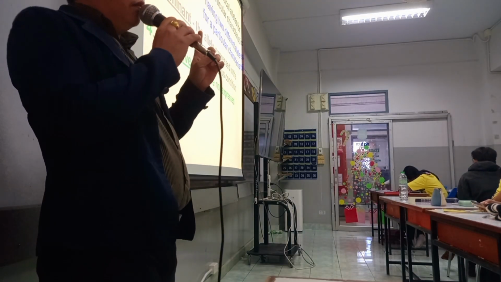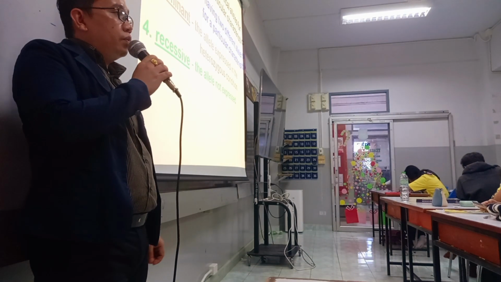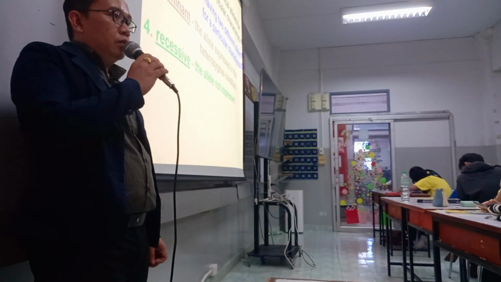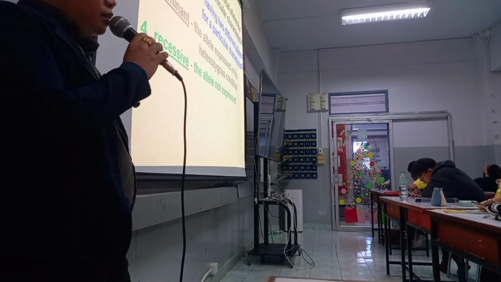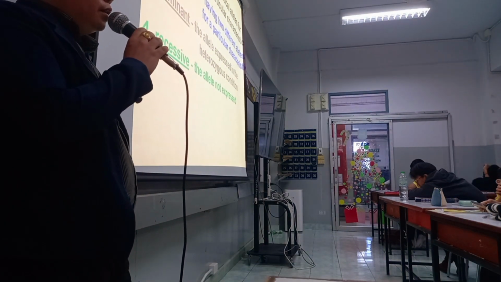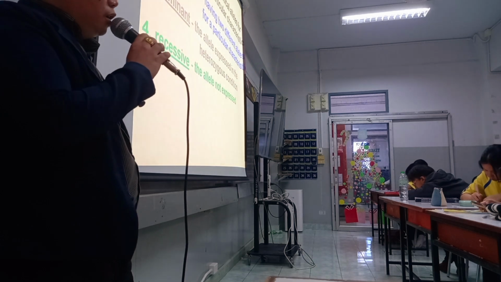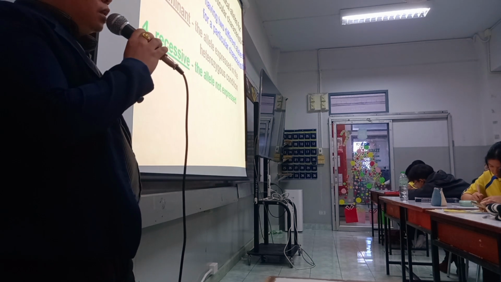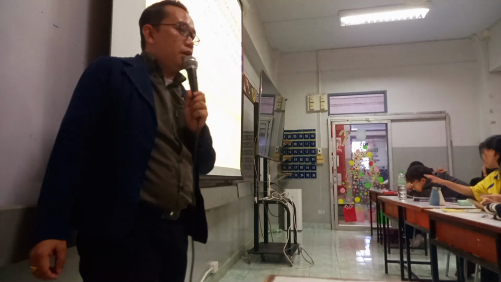Then the recessive is an allele that is not expressed. It is always written with a lowercase letter, like small b, as its representation of every trait. It is always hidden in the heterozygous condition. So take note of this.